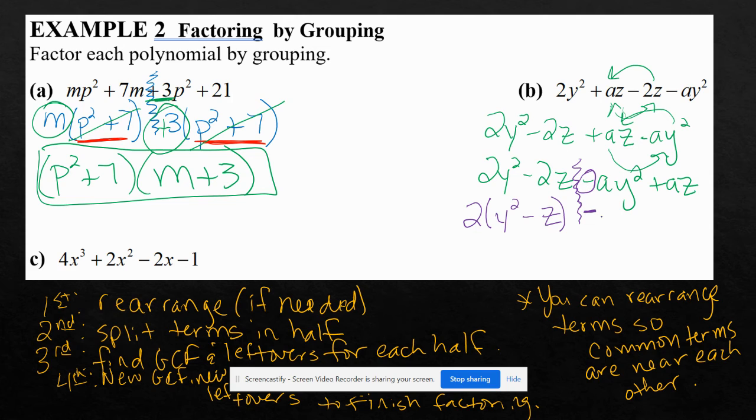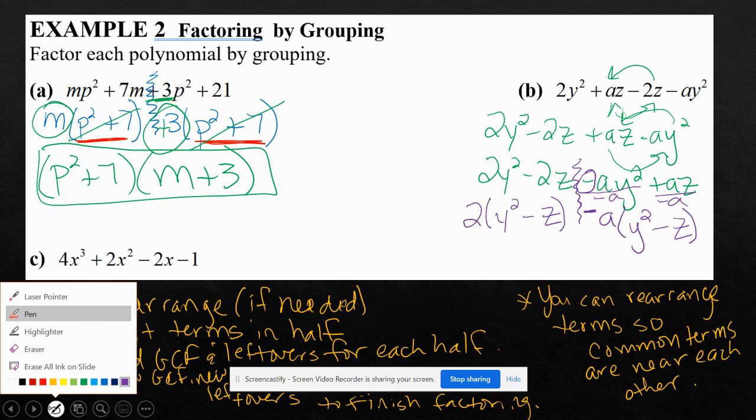So there's a minus sign, so we're pulling out a minus. These both have a common factor of a. Now be careful because this means we're dividing by negative a, which is going to change our signs. Negative a over negative a leaves a positive y squared. Positive a over negative a leaves a negative z.